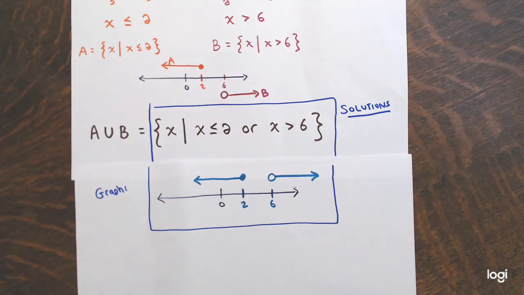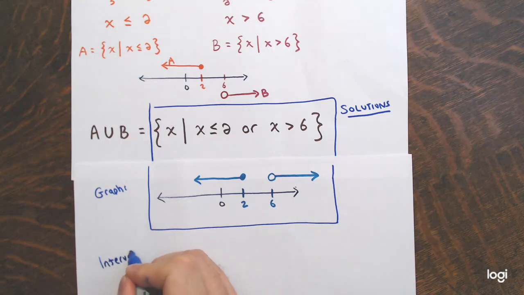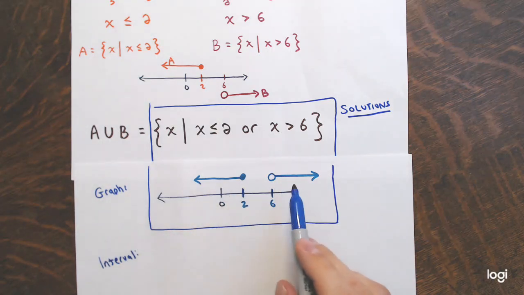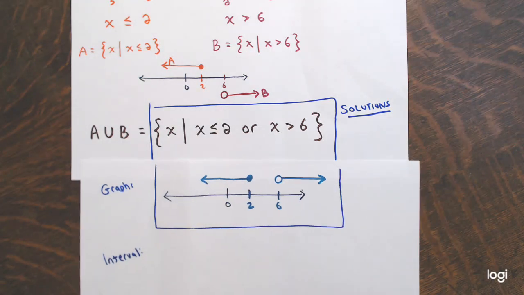And then interval notation. Just as with my first example, there are two separate pieces here. So I'm writing two separate intervals and connecting them with the union symbol, which represents the word or.